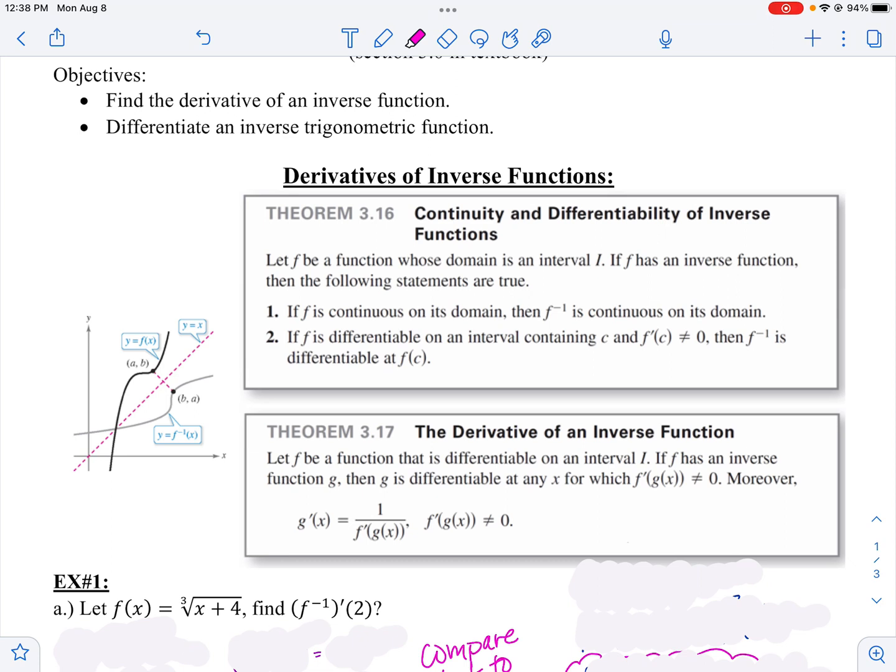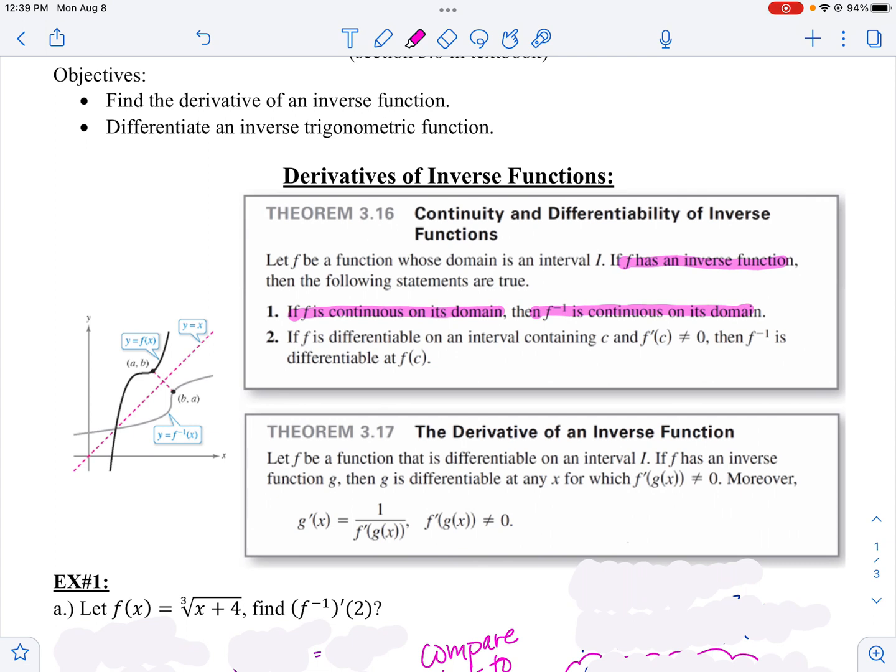Now, there's a couple of different true statements that we can say about inverses. One of them is Theorem 3.16. It says that if f is a function whose domain is in the interval, if f has an inverse function, then the following statements are true. So, if f has an inverse function and f is continuous, then that means the inverse is also continuous on that domain.